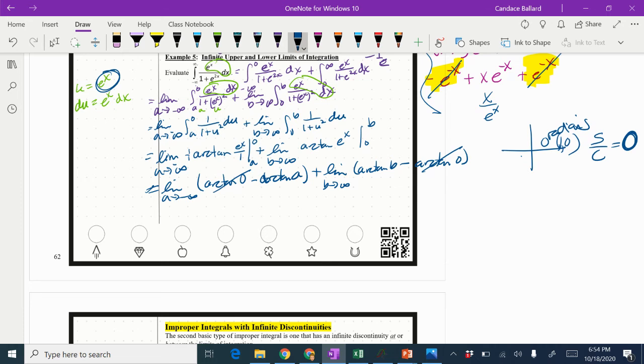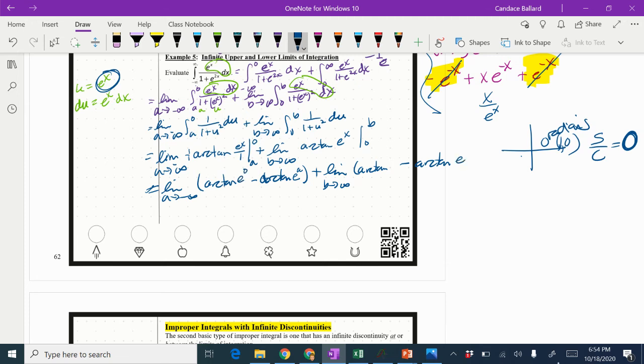Now I don't know where I missed something, didn't I? Right in here I missed, this should be e to the a. I know what else I missed. Totally messed up this line, I apologize. Okay, so this should have been e to the 0.